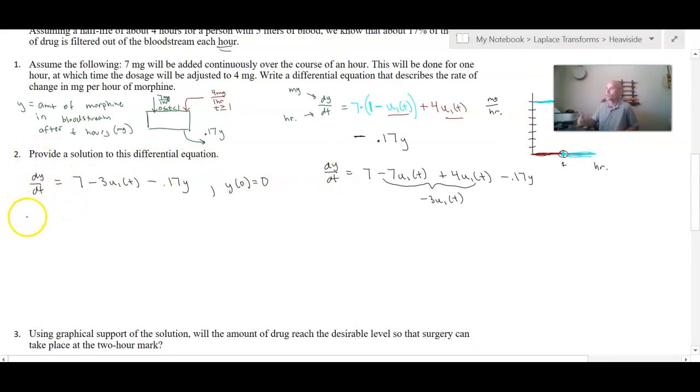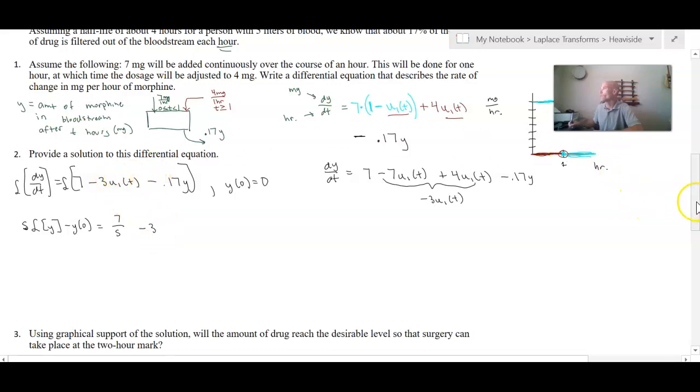So now we can use Laplace transforms. The Laplace of dy/dt and the Laplace of the right-hand side. That's going to give me s times the Laplace of y minus the initial condition equals the Laplace of 7, which is 7 over s, minus 3 times the Laplace of u1.